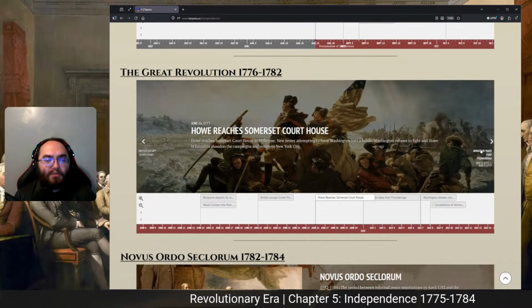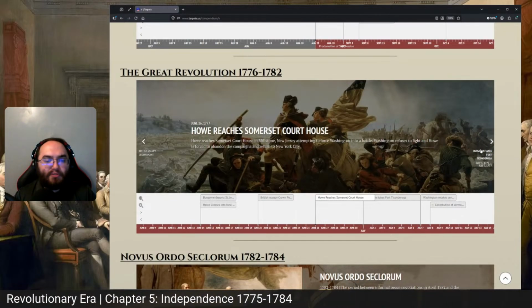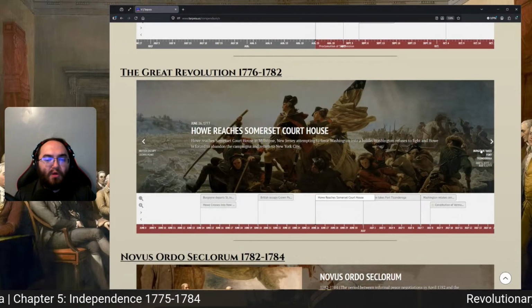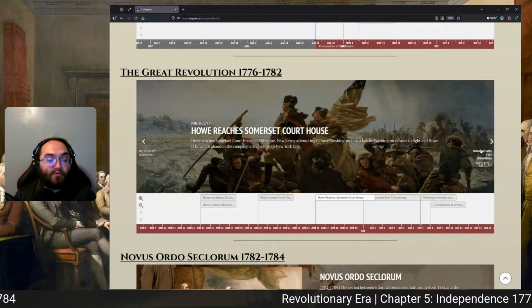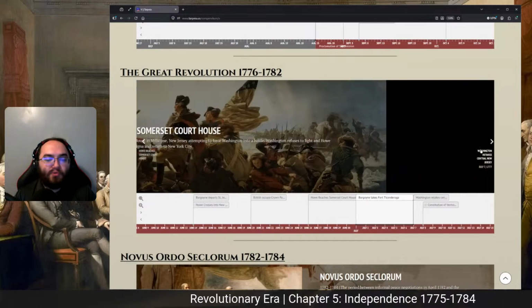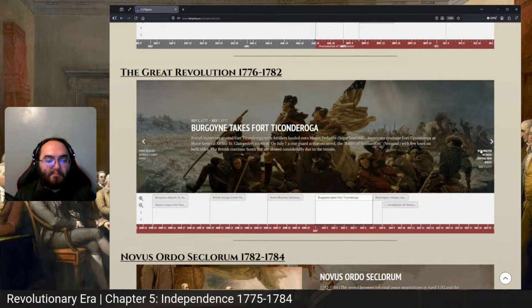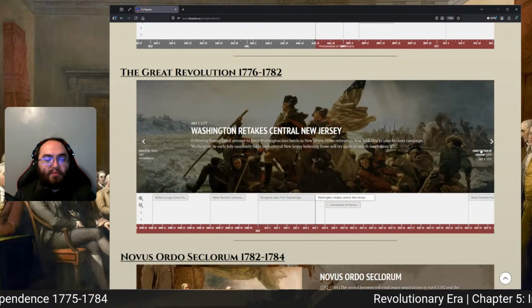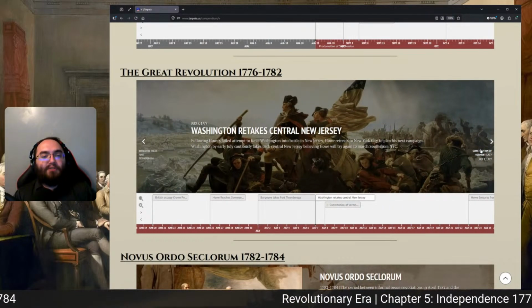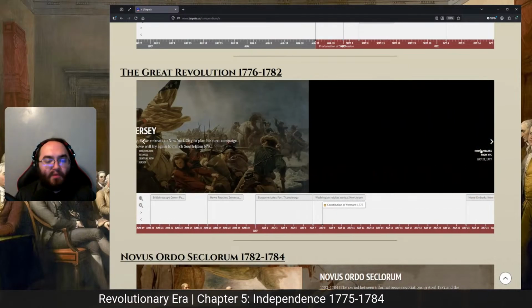Howe will reach the Somerset Courthouse in Millstone, New Jersey, attempting to force Washington into battle. Washington refuses to fight Howe, and Howe is forced to abandon the campaign and return to New York City. Burgoyne will take Fort Ticonderoga, and because Howe retreats from New Jersey back to New York, Washington retakes New Jersey.